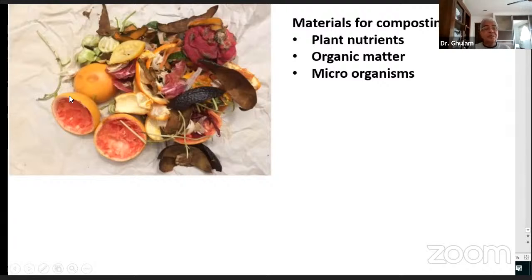For example, this peel, this orange grapefruit skin and so on. Now you can tell it's grapefruit, it's dragon fruit, but once you turn them into compost using the right techniques, give it the time it requires, then you won't recognize anymore.